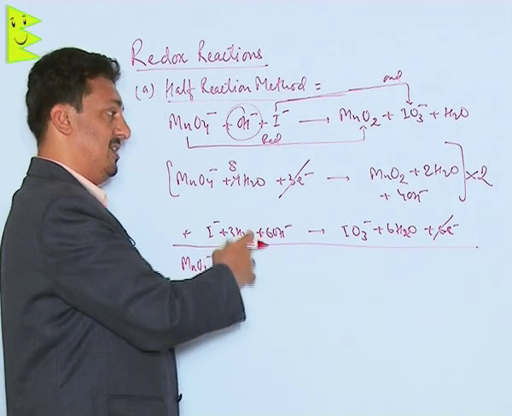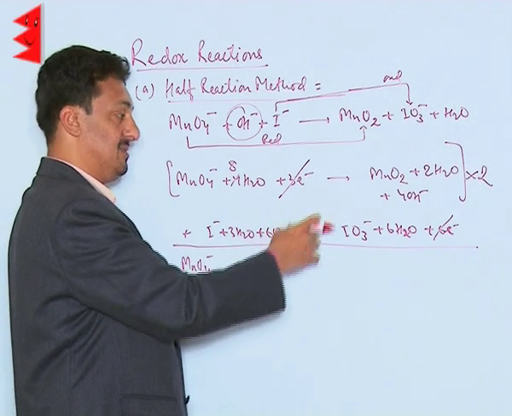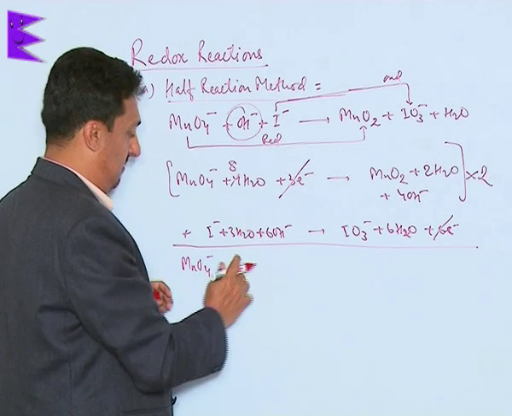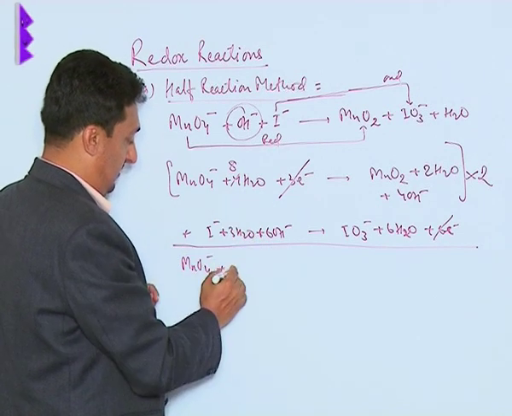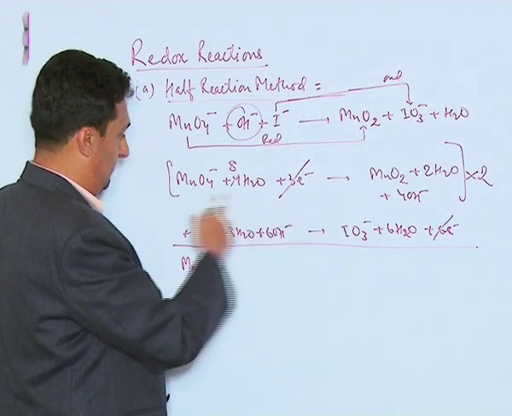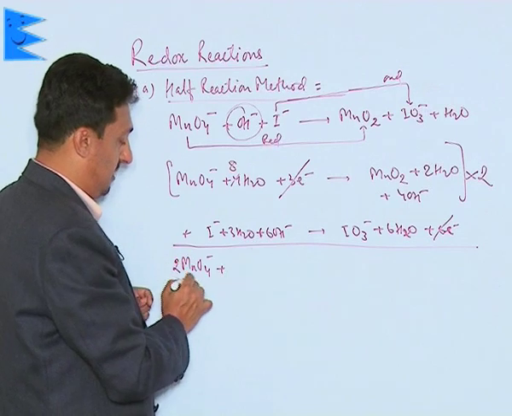If you are smart enough, you can do these cancellations with simple calculations here only, but it is always better to write down by adding both these half reactions together. 8 water here and 3 here, and when multiplied by 2, it will become 2 permanganate ions.